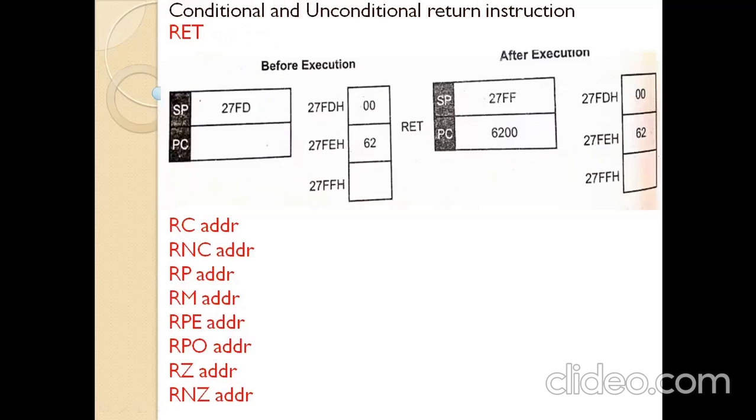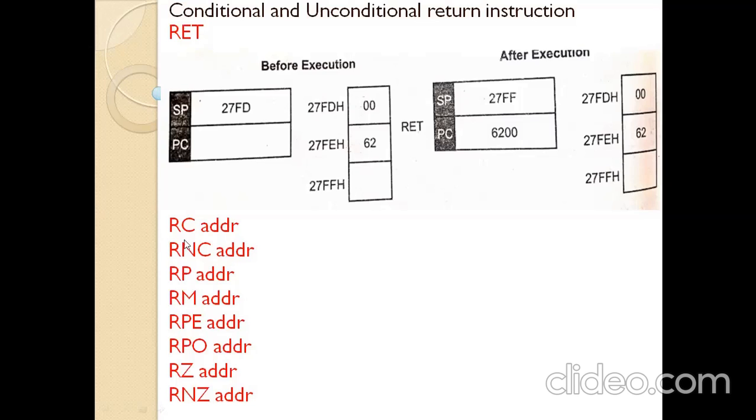Return instruction. Here also, there are two types: one is conditional, another is unconditional. If you use the call instruction, from the main program we can move to the subprogram. Suppose from the subprogram I have to come back to the main program, I have to use the instruction RET, which is called the return instruction.